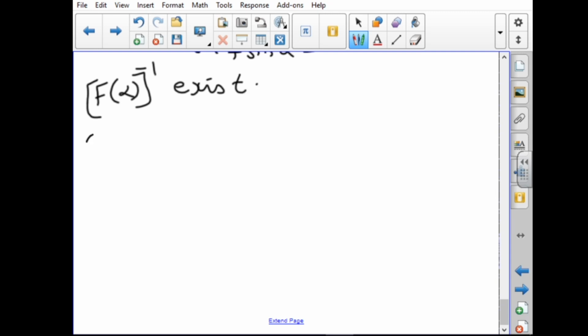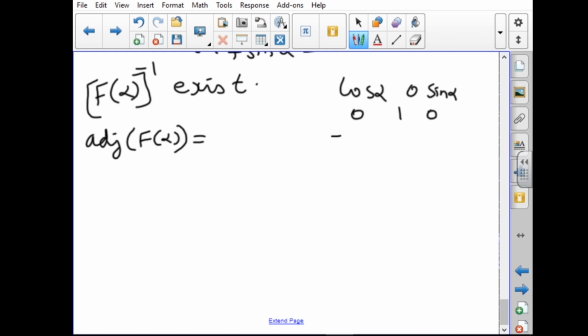Next we have to find the adjoint of f of alpha. So we have to find the cofactor matrix. We'll put it by the side: cos alpha, 0, sin alpha; 0, 1, 0; minus sin alpha, 0, cos alpha.